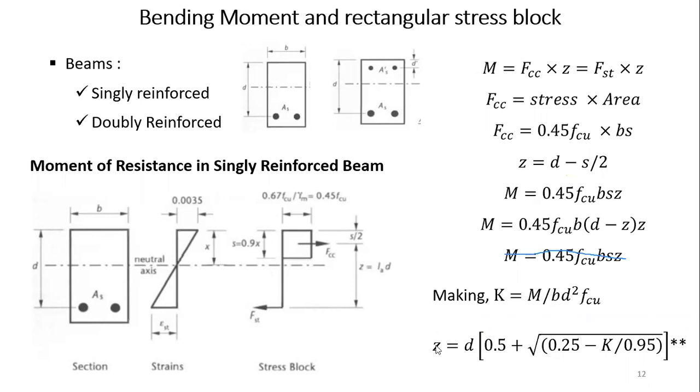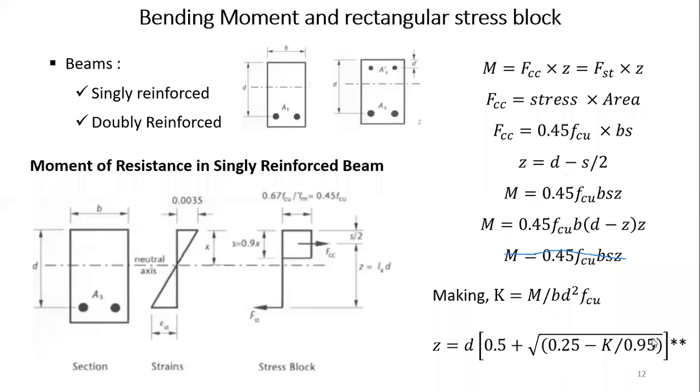You do the arrangement, you end up finding the relationship to determine the lever arm. So from here, putting K is equal to M over B D squared, go and work it out. That will be the first assignment I will give to you. Work it out to find the value of Z is equal to D into 0.5 plus all this value.